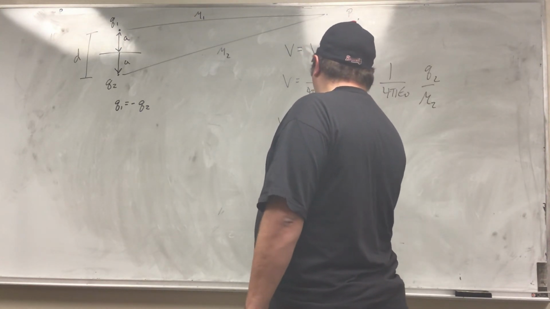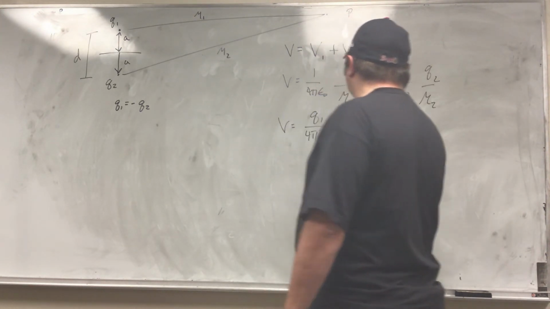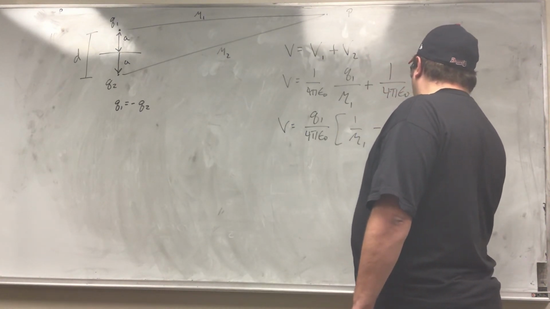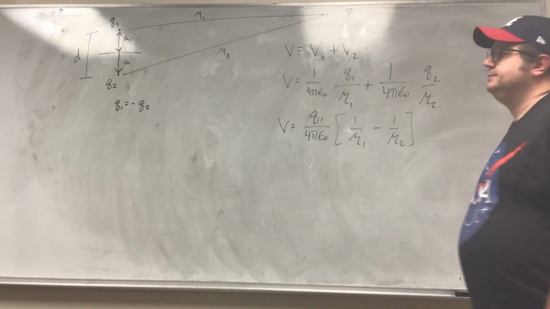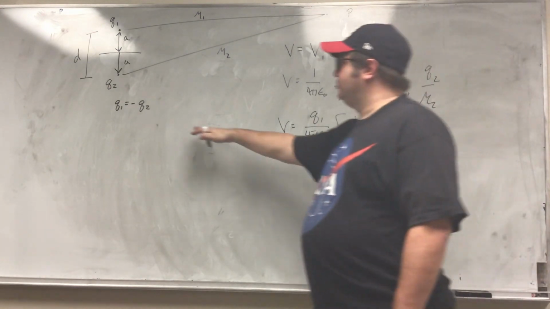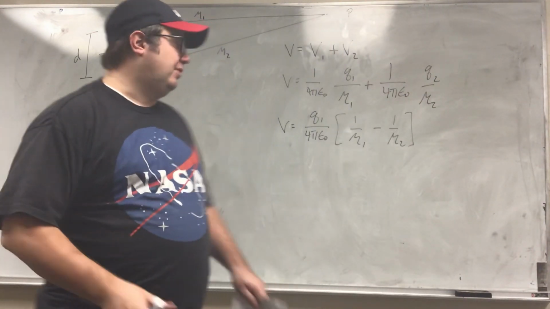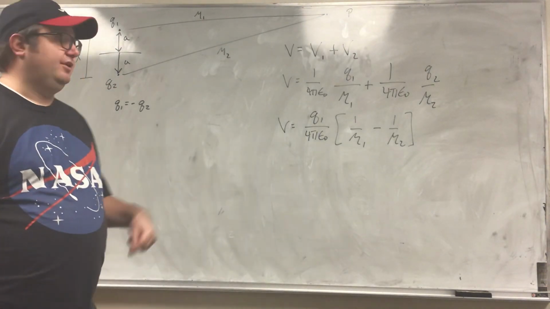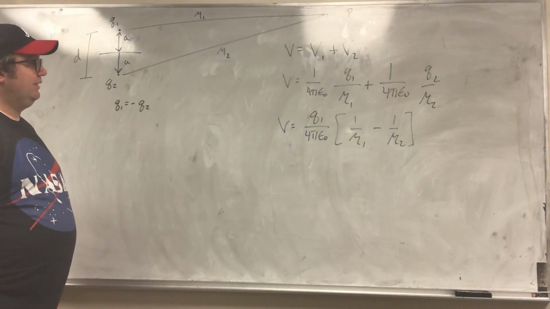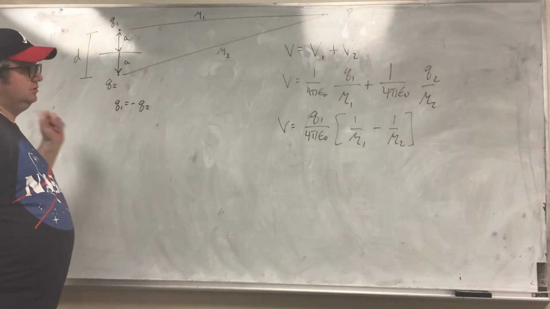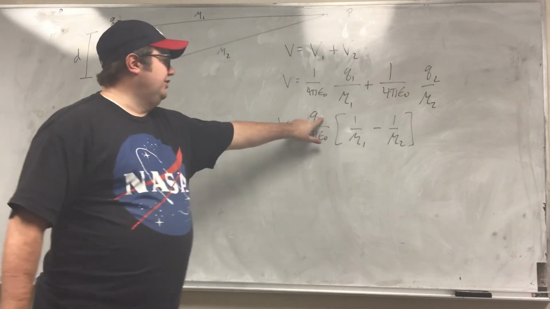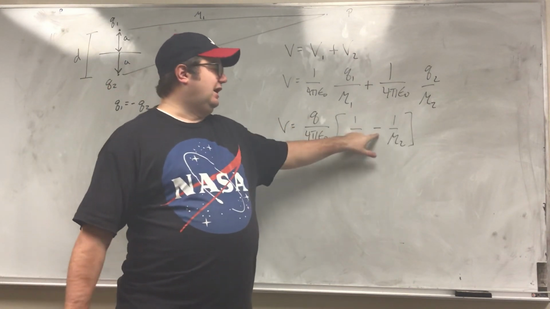Q1 over 4 pi epsilon naught times 1 over script R1 minus 1 over script R2. Remember that for this example problem, the charges are the same in magnitude but different in sign. So I can pull out the Q, but when I do, I get a minus sign.